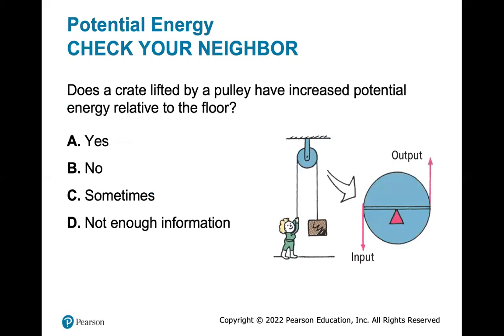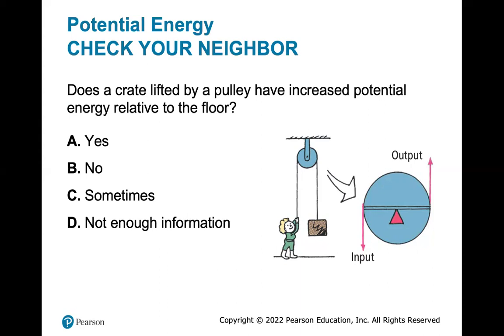Does a crate lifted by a pulley have increased potential energy relative to the floor? Well, if you raise it up and then release that crate, it has enough energy to do some damage. It could crush your toe or something like that.